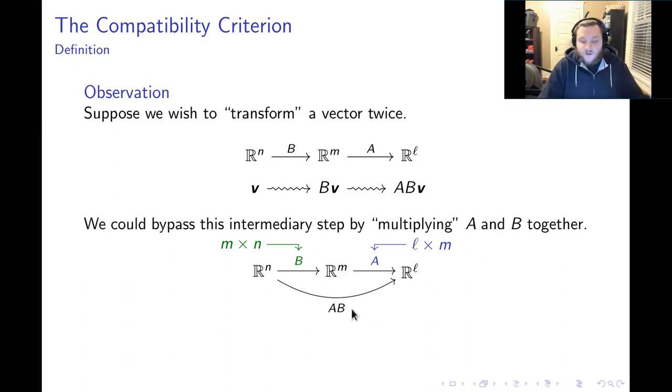And then once we multiply these together, we should end up with an L by N matrix. That is, A times B should go from Rn to RL.